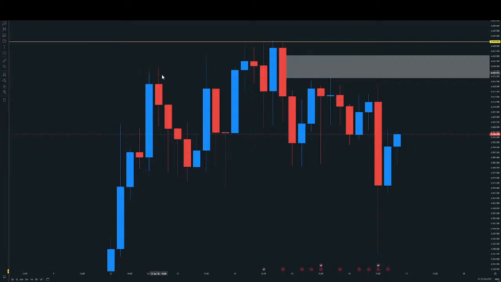This looks like shoulder one, this looks like the head, and this looks like the second shoulder.